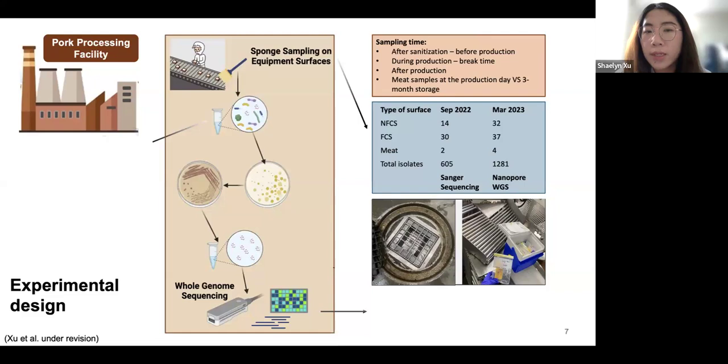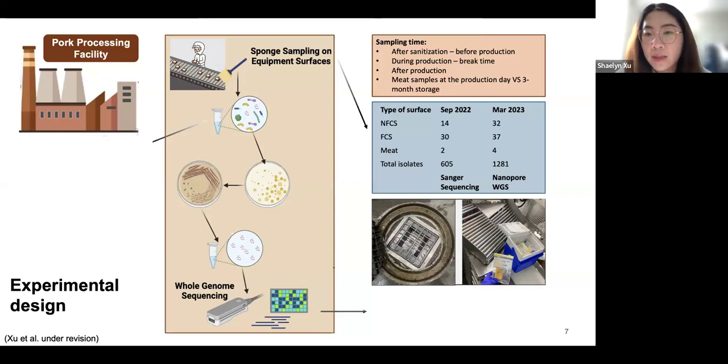Once I have the sponge samples of the environmental surfaces or meat samples, I enumerate the sponge samples with peptone water to encourage the growth of total aerobic bacteria, lactic acid bacteria, as well as Enterobacteriaceae.